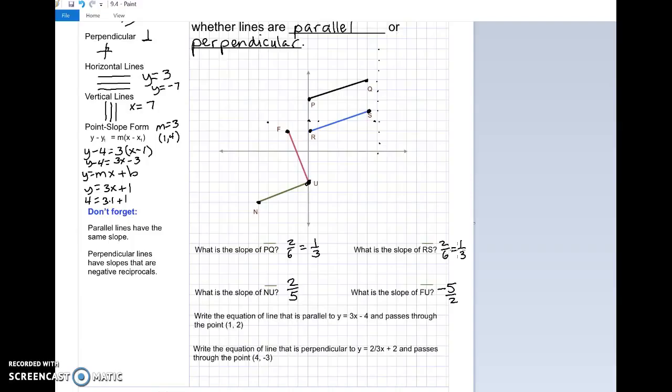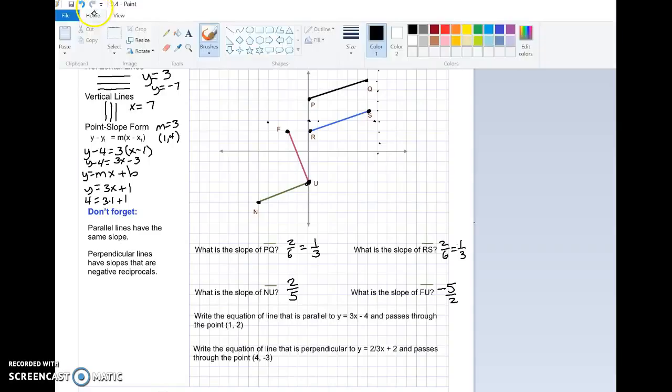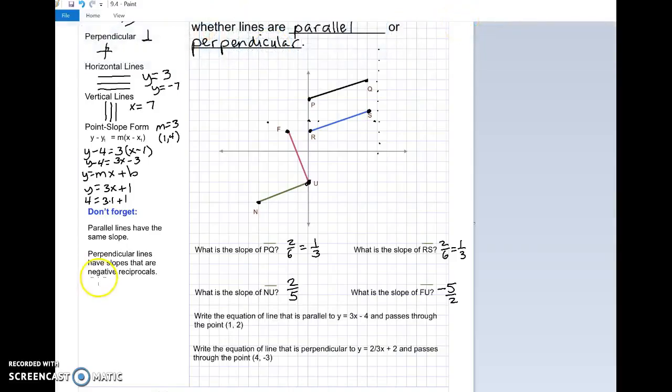Perpendicular lines have slopes that are negative reciprocals. That means that we take the reciprocal of the slope and we make it the opposite, or the negative. So one is positive and the other is negative. So you'll really want to remember that. Negative reciprocals. They're like the complete opposite. Everything's backwards on them. Okay?